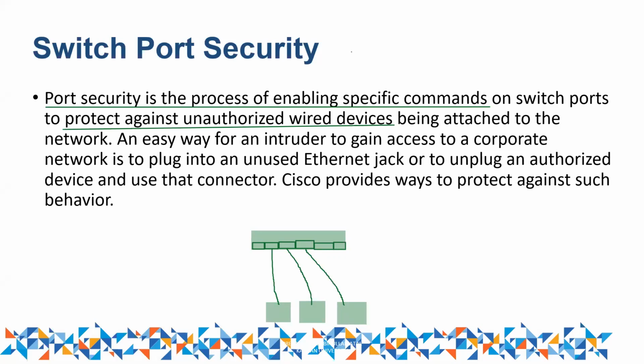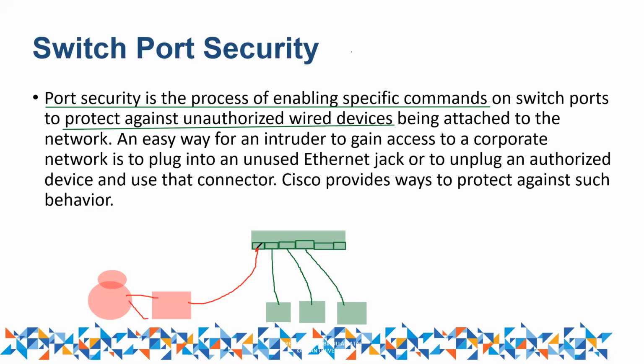But let's assume that there's another person, an unauthorized and harmful person, this red computer. If this person accesses the switch, they will definitely do something harmful. So how do we protect our network from this bad guy? By default, when this person connects their computer to the switch port, the switch will let them connect, no problem.